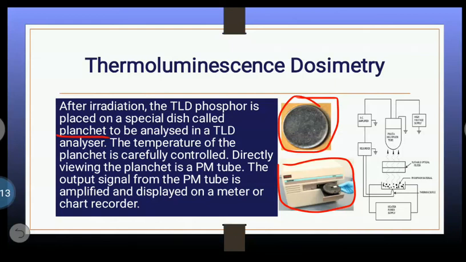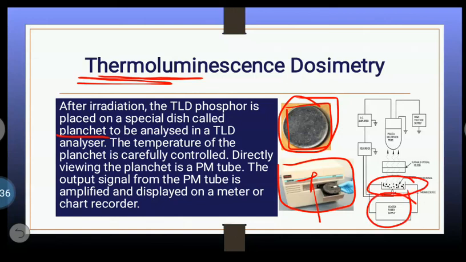So, the planchette will be heated. Kaya nga, thermo. Then, the output signal from the PM tube is amplified and displayed. So, technically, this is the planchette. Once it is heated, mag-i-emit siya ng visible light.